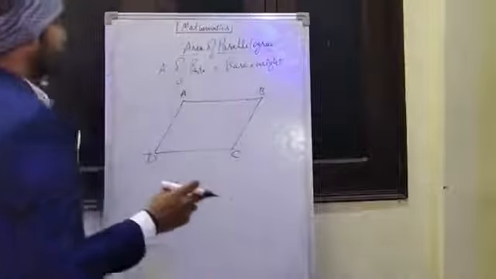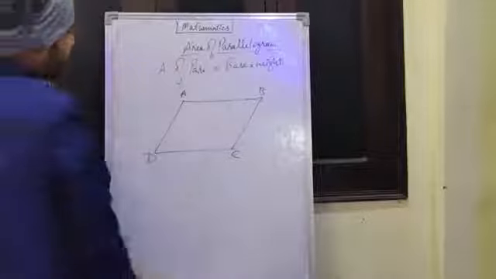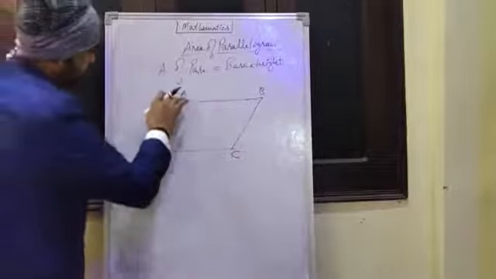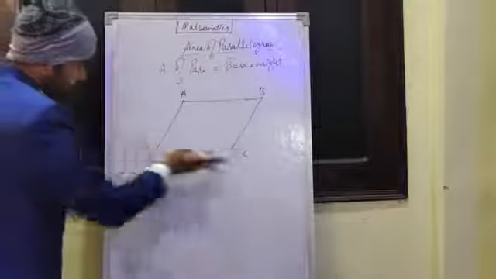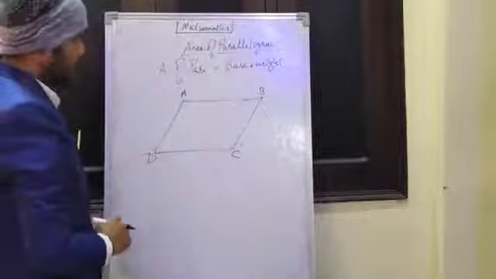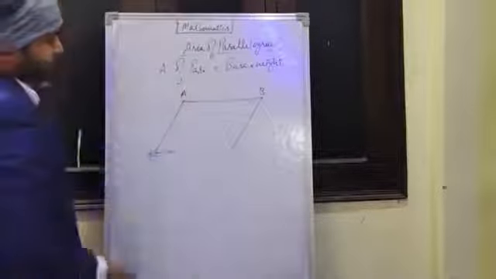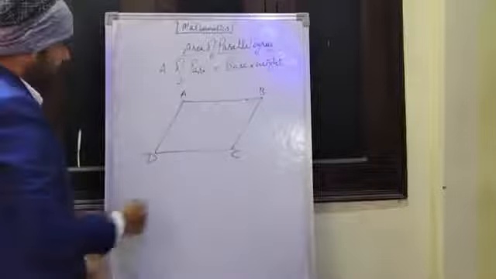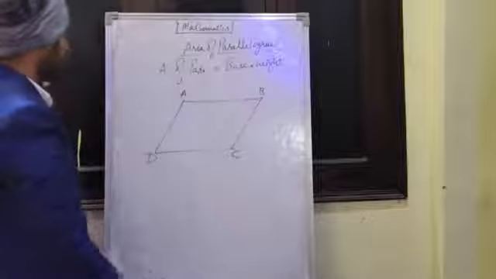Because some students write A, B and here write C and D. So first they were moving in the clockwise direction, then they jumped and started moving in the anti-clockwise direction. That should not be the case. Either you go in the clockwise direction or the anti-clockwise direction. So this could also have been named A, B, C, D, like this. It depends on you.